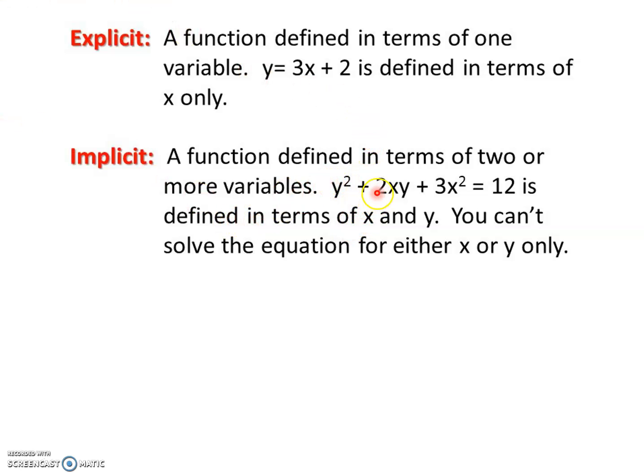That's why y square plus 2xy plus 3x square is equal to 12 is defined in terms of x and y. You can't solve the equation for either x or y only. That means explicit is y is equal to f of x and implicit is a combination of f of x plus g of y.